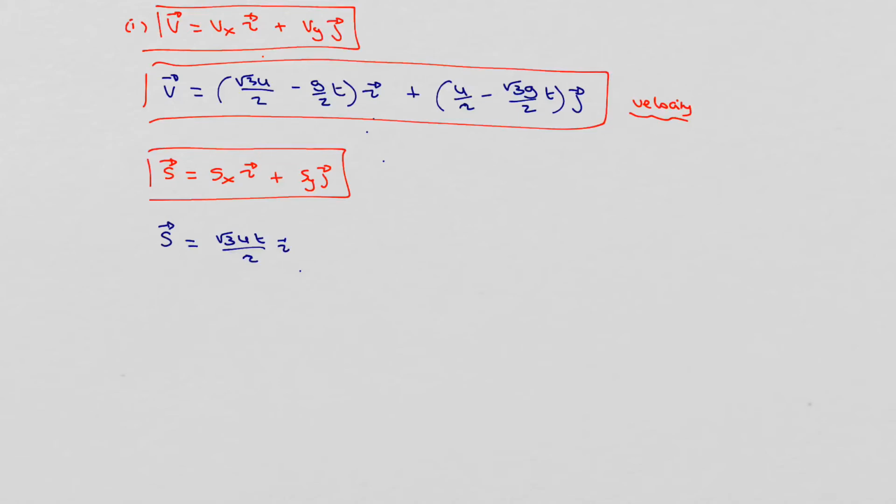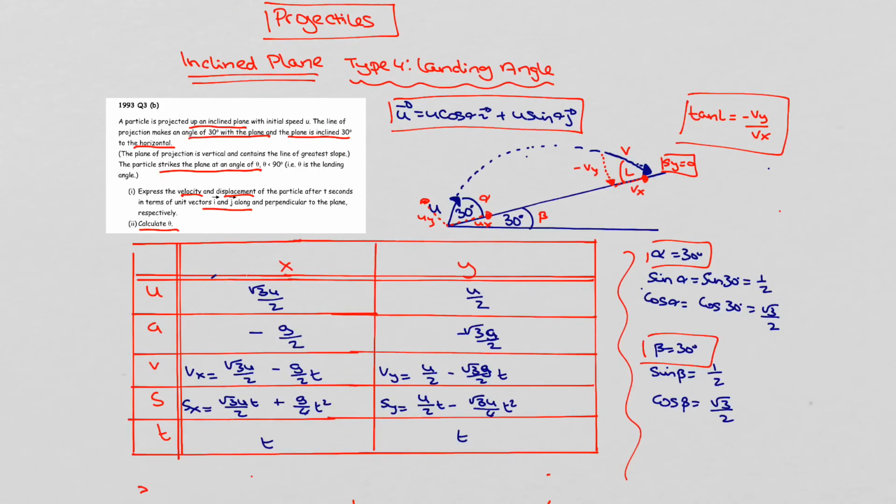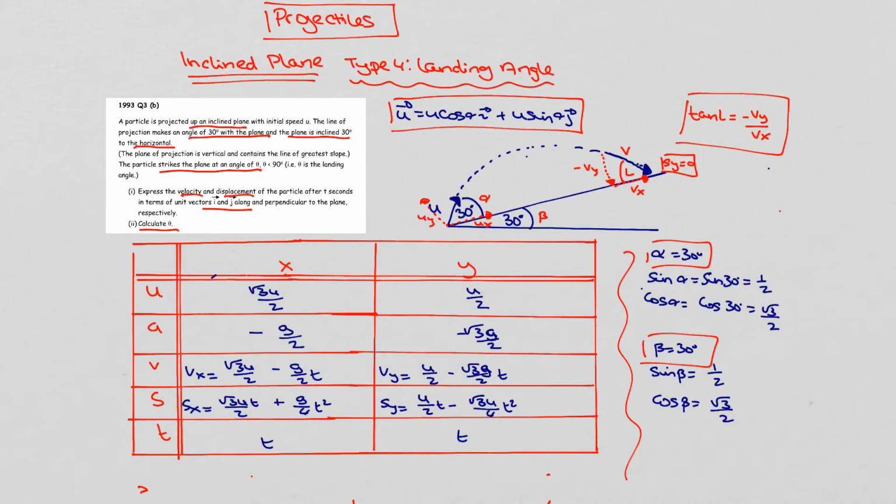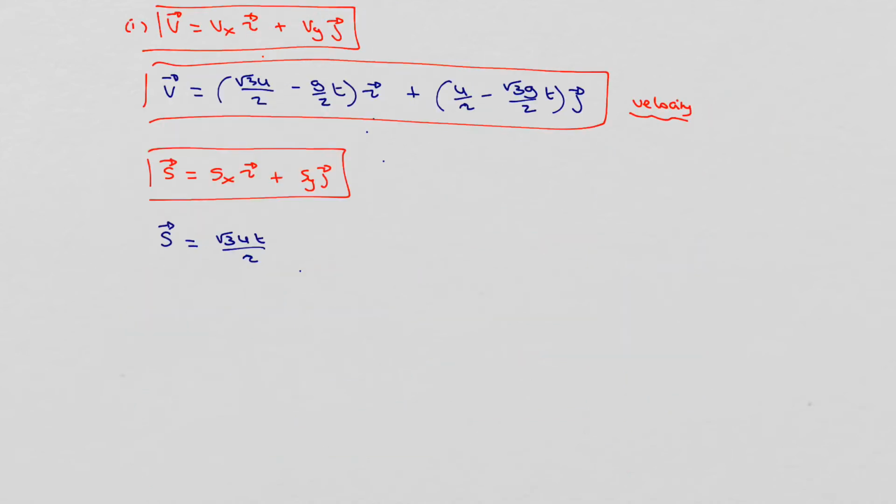Sorry, no, go back. Root 3 over 2 plus g over 4. Definitely one of those days. That should be a minus there as well. Sorry. Okay, minus. Grand. So we have root 3u t over 2 minus g t squared over 4, and that's in the i direction.